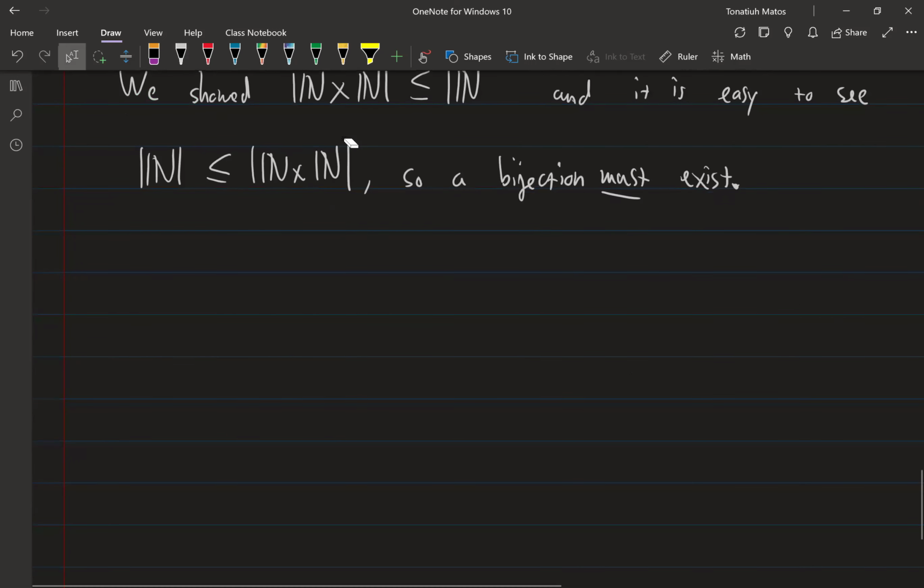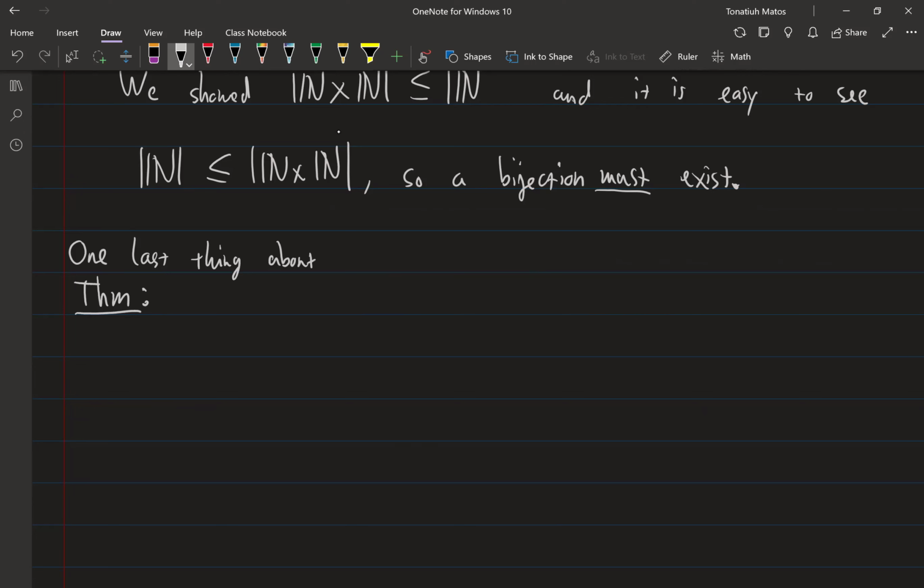Now, before I continue, let me just mention one more thing before we move on. One last thing, that this is important for countable sets for a reason that I will have to explain on Thursday because we've run out of time. Just one last thing about finite sets, one idea that connects to countability.